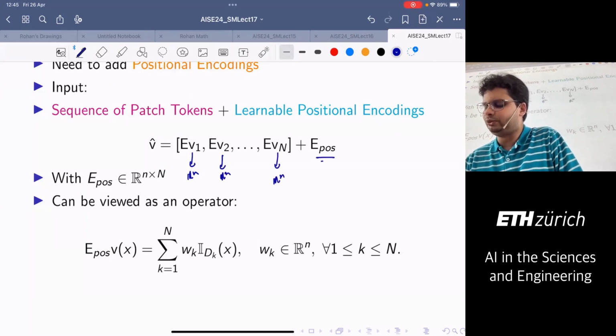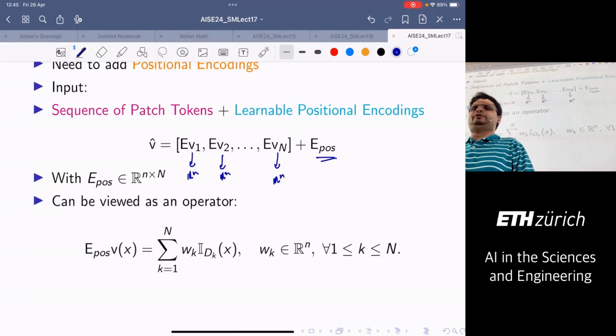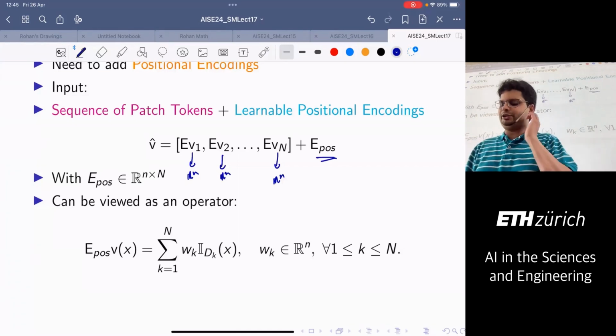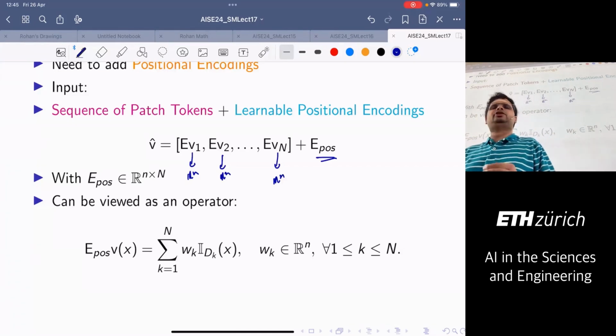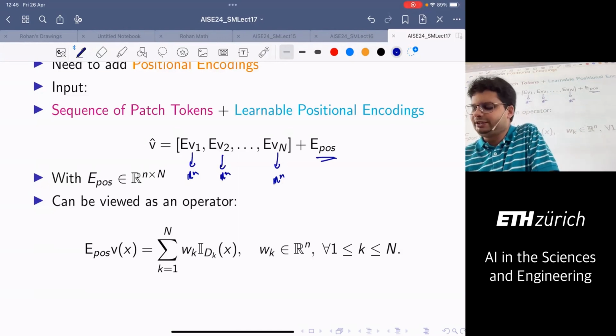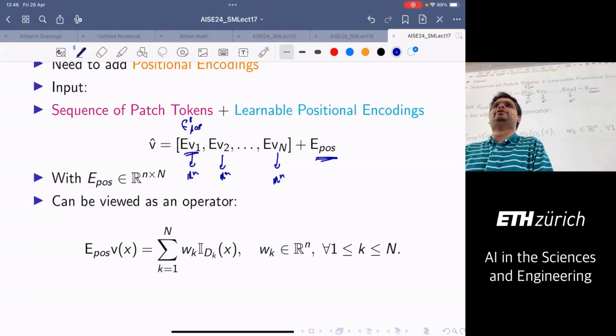And then all that I do is I append to it an additional piece of information, which simply tells you where the position is, right? So roughly speaking, this here is a vector. Each of these components, for instance E_pos1, is essentially telling me what is the position of EV1. E_pos2 is telling me what is the position of EV2 and so on and so forth.